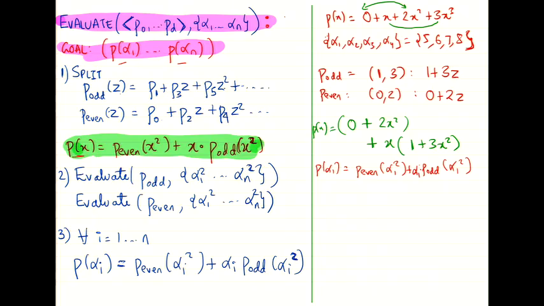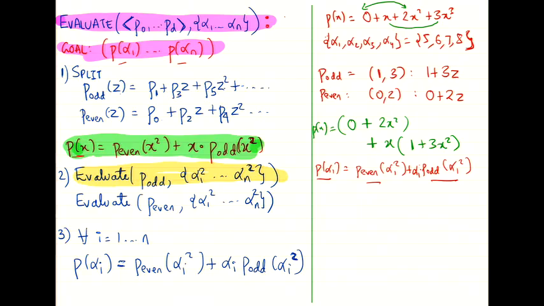So the equation tells me how to calculate this. In order to calculate the left-hand side, I just need to calculate the two things on the right-hand side. So that's what I do recursively, right? This is how you do divide and conquer. You just split the problem, and you recursively solve the two parts. So I'm just going to recursively evaluate the polynomial p odd on alpha 1 squared, alpha 2 squared, up to alpha n squared.